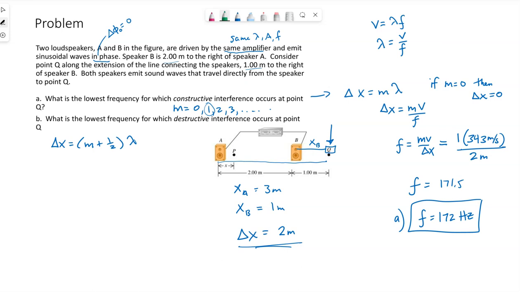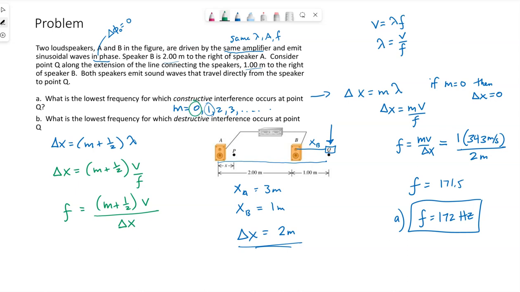For B, lowest frequency for which destructive interference, let's go ahead and substitute in, again, the speed over frequency. So frequency will be this quantity of m plus 1/2 times the speed divided by delta x.